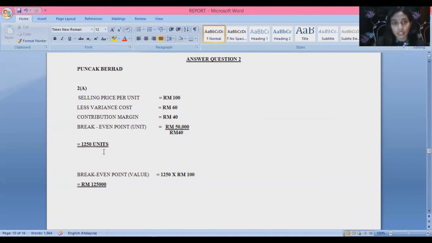So you will get 1,250 units. This is for the units. And break-even point for value, you need to times 1,250 by around 100, which is selling price per unit. So you will get around 125,000.